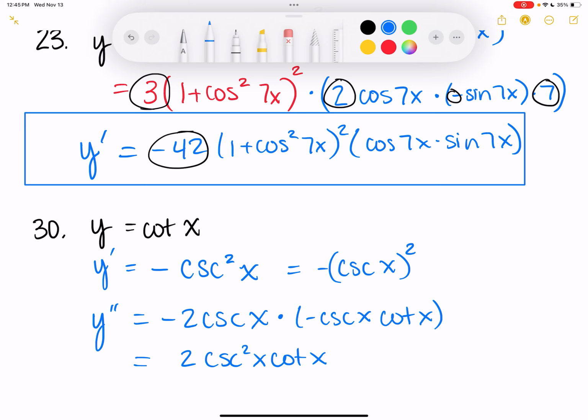Y prime prime. So how would you write the y prime prime in the dy dx?